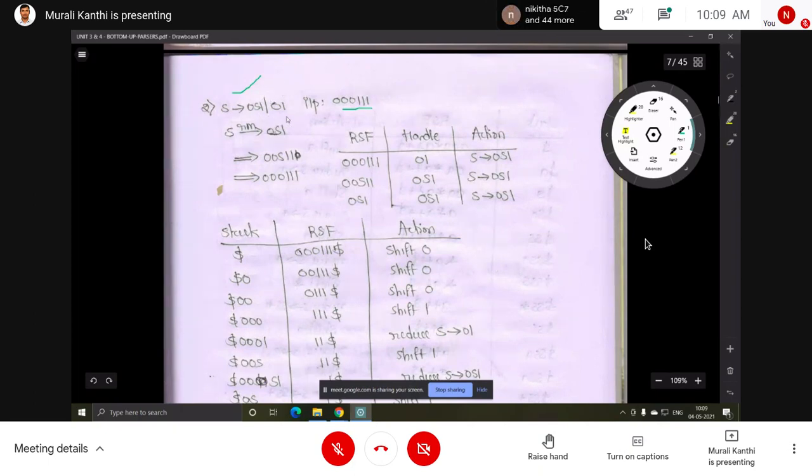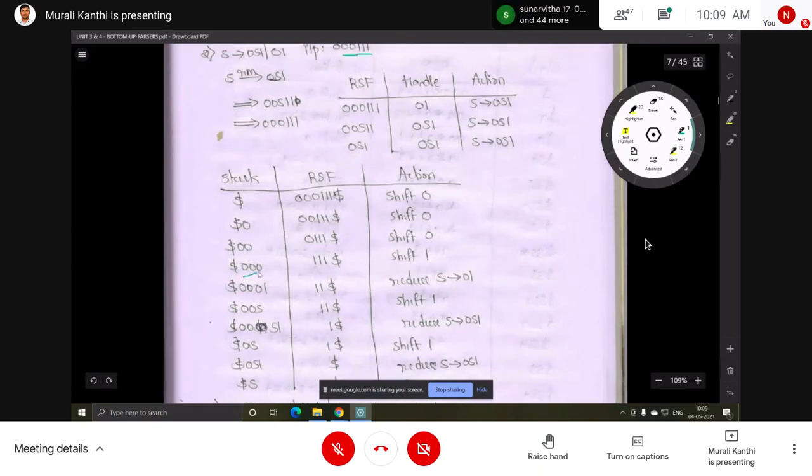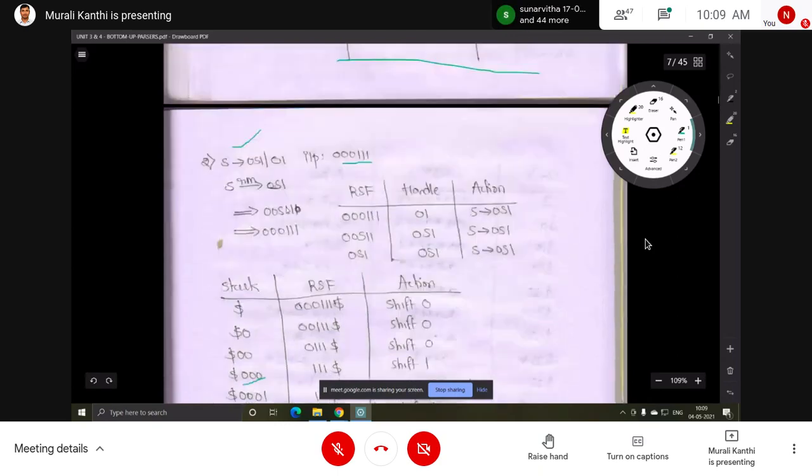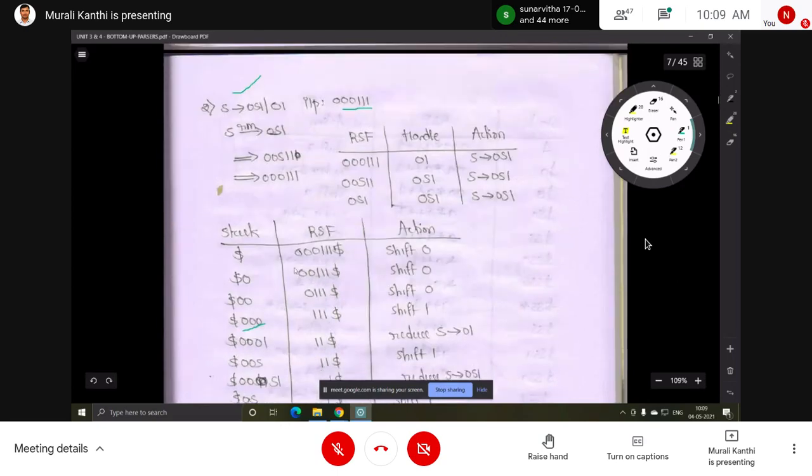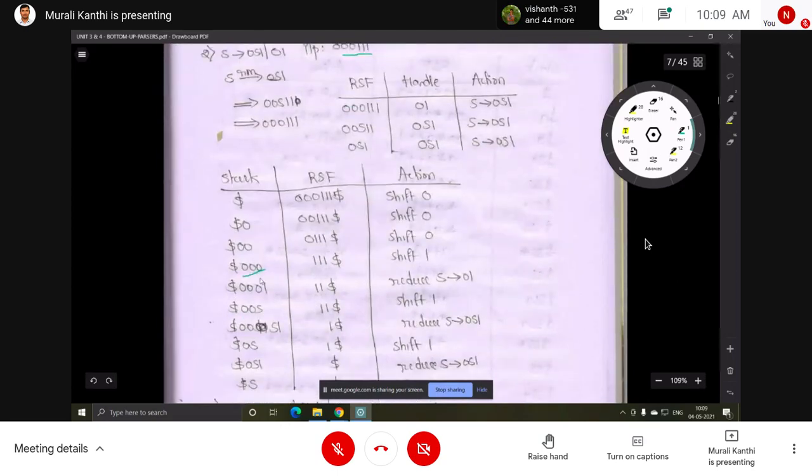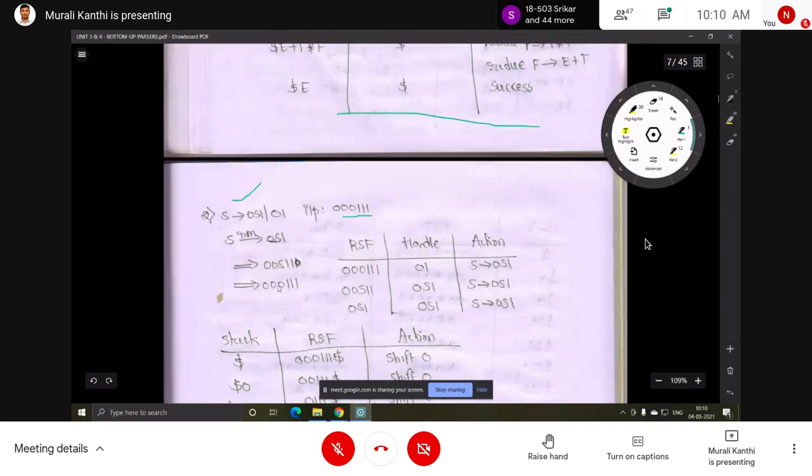No handle found. Next, 0 shift. Again no handle found. Again shift 0, three zeros. Again no handle found; we don't have three zeros. Next, again shift, so three zeros and 1. Handle found.